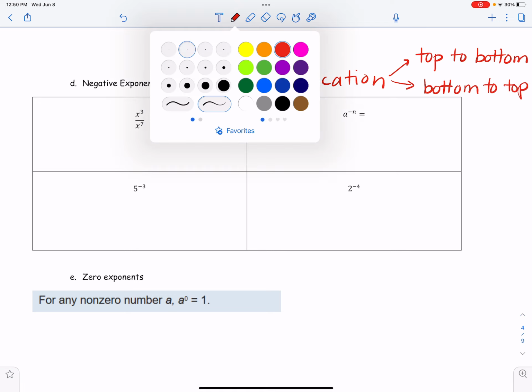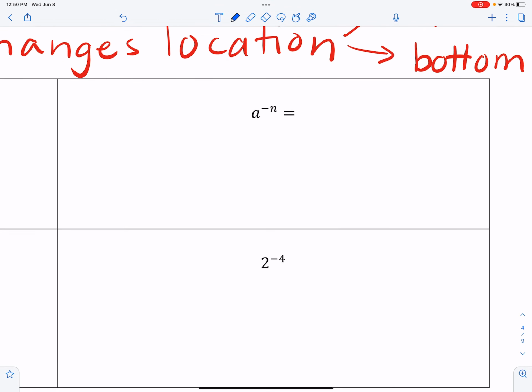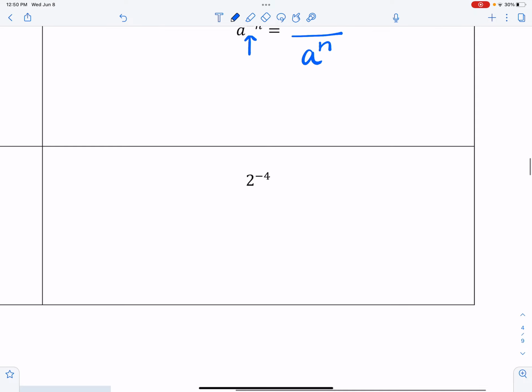So in general, here's our general rule. Anytime an exponent is negative, I'm going to move it. So this one is in the numerator. That means I'm going to do 1 over, and when I move it, the exponent becomes positive. All right, so 2 to a negative 4 power.